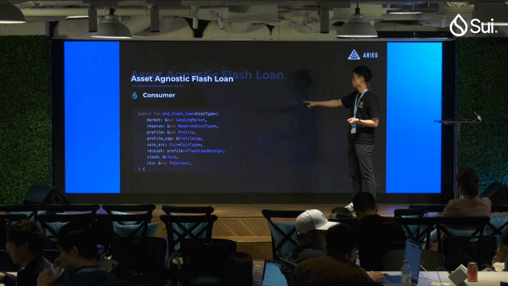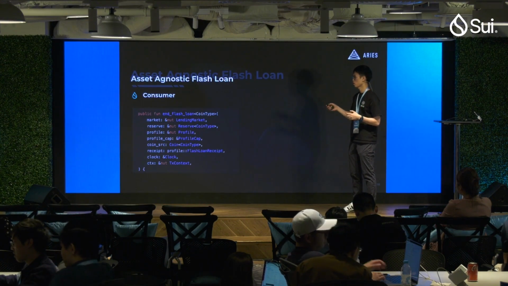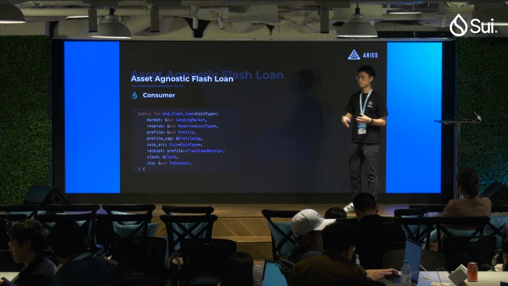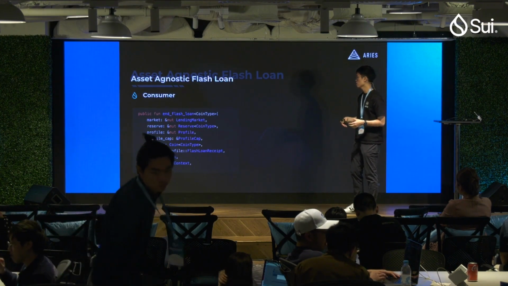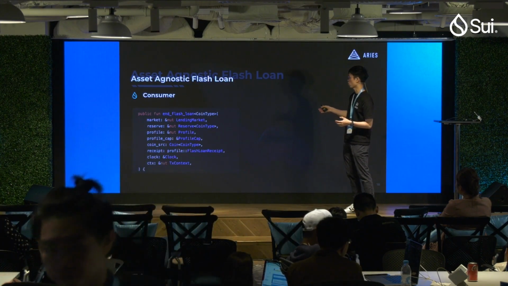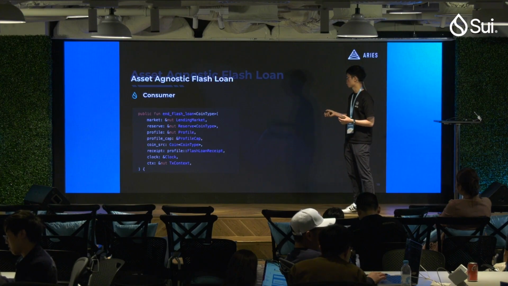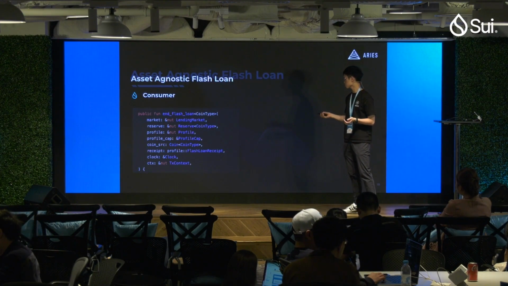And all of the security check is done in the end flash loan. Because we know the profiles, if the user has already deposited certain assets into the profile, then as long as there's enough margin, the user doesn't need to repay all of their debt because there's already enough margin within the existing profiles.